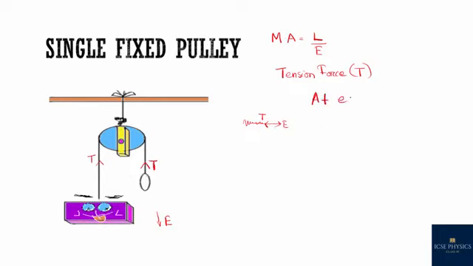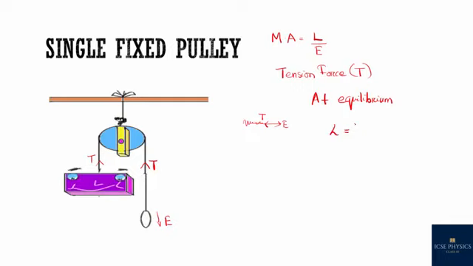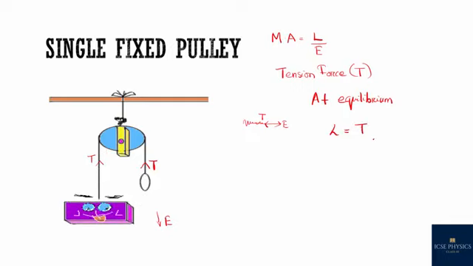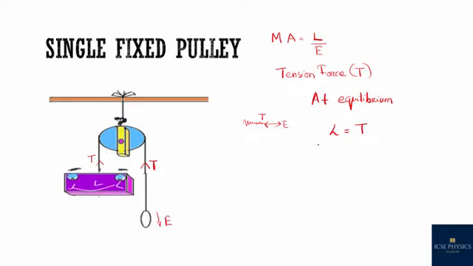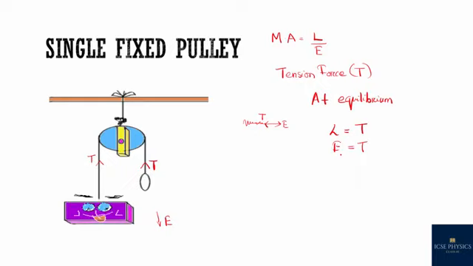At equilibrium or balance position, this load is balanced by the tension force that acts upward. Load is equal to tension force. And effort is also equal to the tension force acting upward at equilibrium. How is it equilibrium? Plus force minus force is equal to 0. Then only it is a balance position.